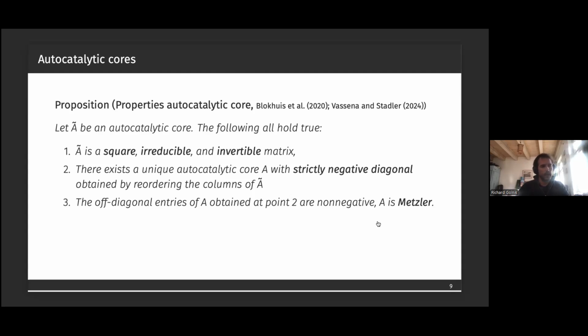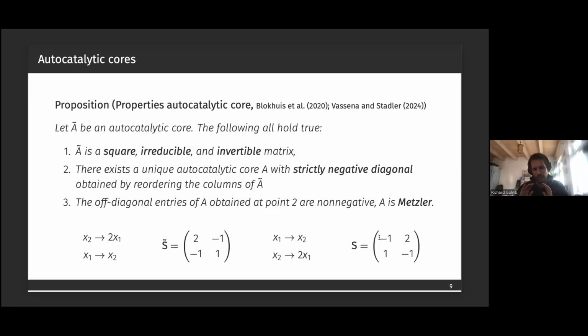Such matrices are called Metzler matrices. A Metzler matrix in general is one with non-negative off-diagonals, but in our setting, when we exclude explicit catalysis, we will always end up with this strictly negative diagonal.